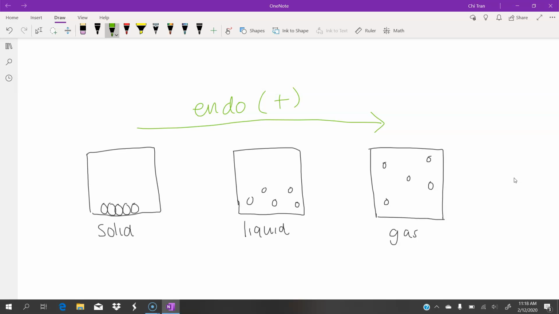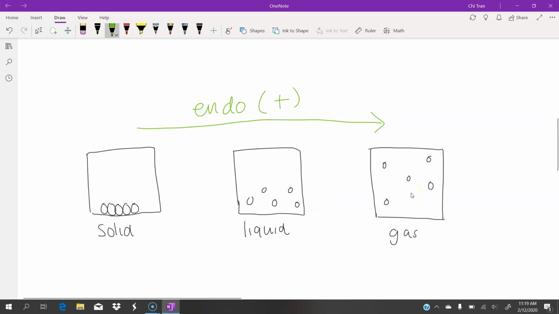That is positive because the atoms in the molecule are gaining energy because they need to increase kinetic energy to move faster and further away from each other as it moves from solid to liquid to gas. And you can see that in the physical observation as well. So solid, for example, ice is much colder than water, and that is also much colder than water vapor.